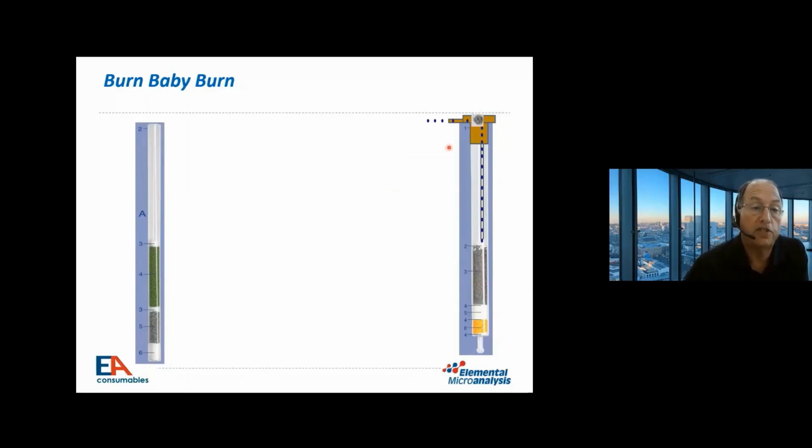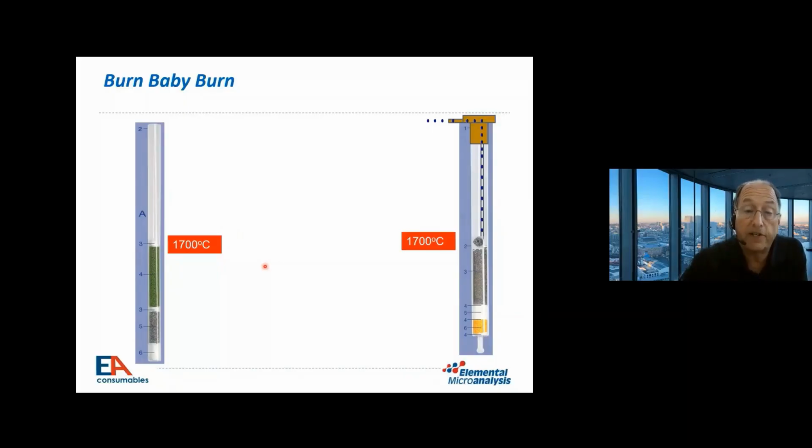And this is showing the oxygen going down, the sample falling and combusting at the end of the oxygen tube. Where the Thermo has a plug of oxygen that is released and times the sample to get down to that point at the same time.